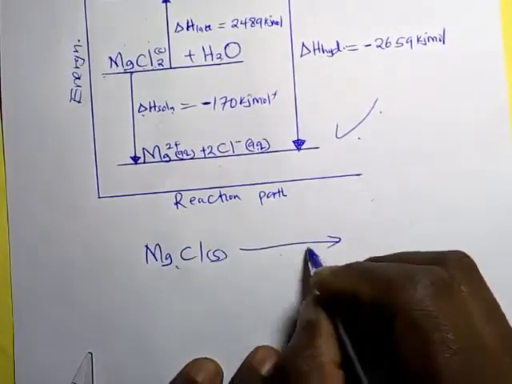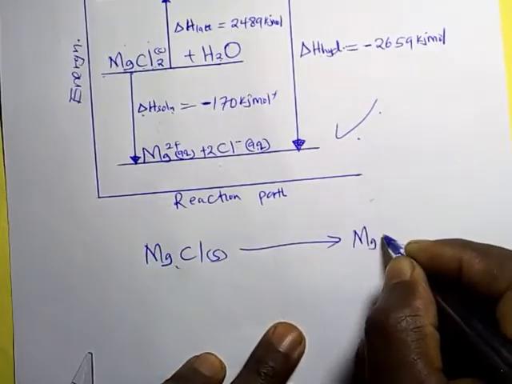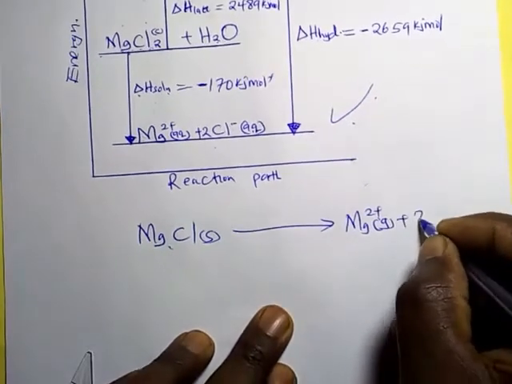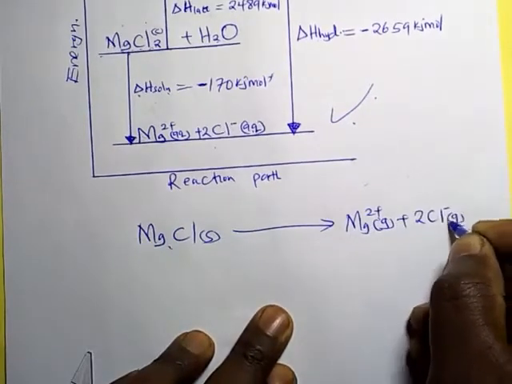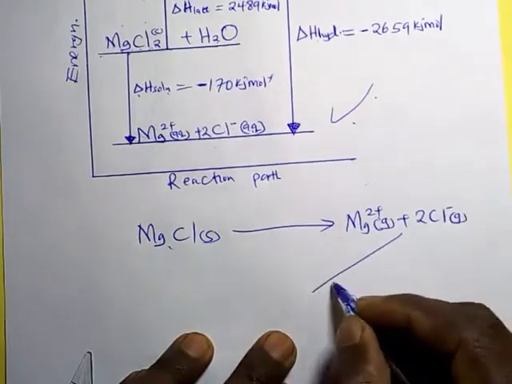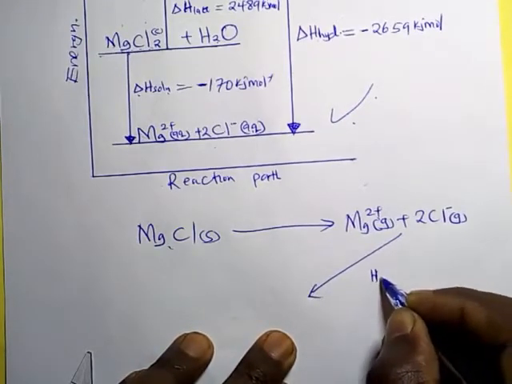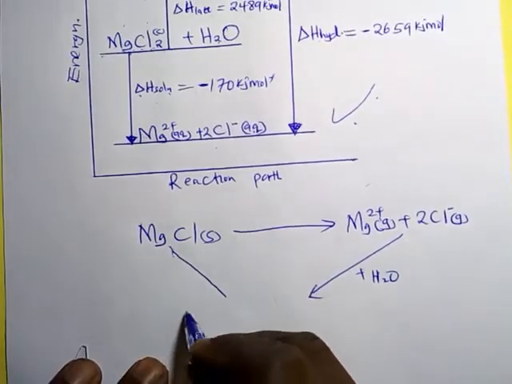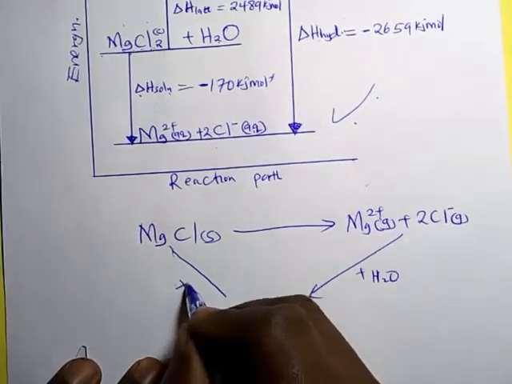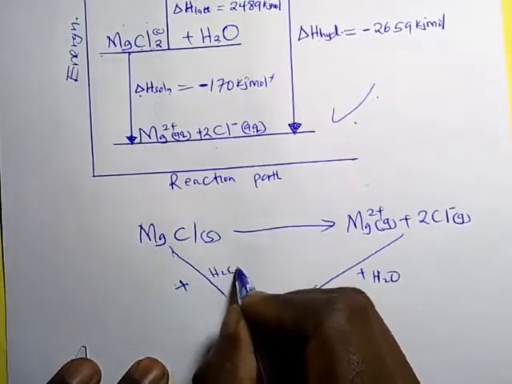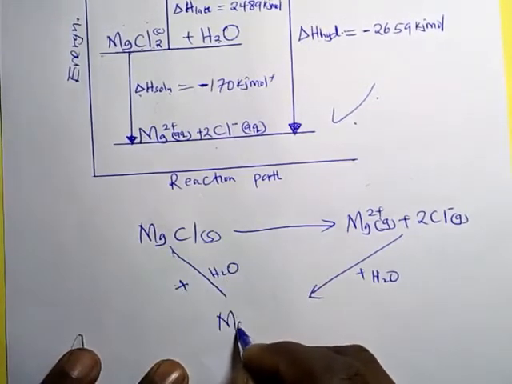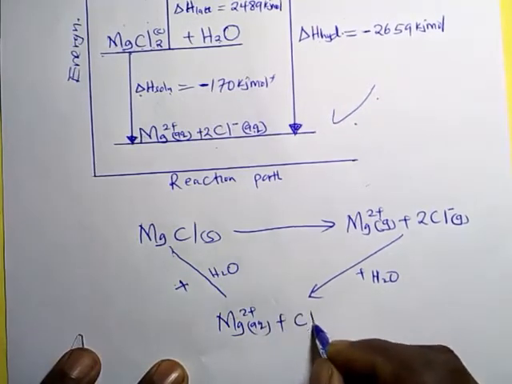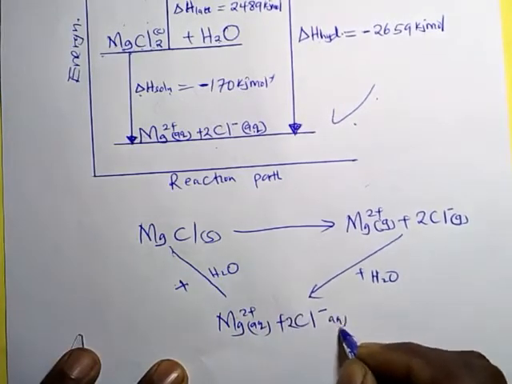So this one will form magnesium 2+ gaseous plus 2 chloride ions gaseous. When water is added, we form magnesium 2+ aqueous plus 2 chloride ions aqueous.